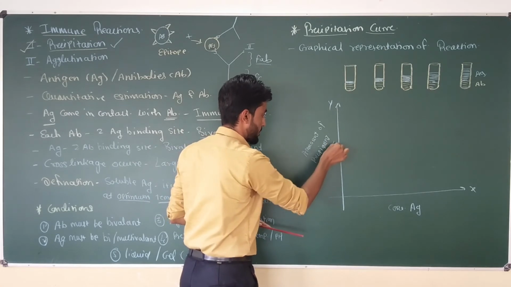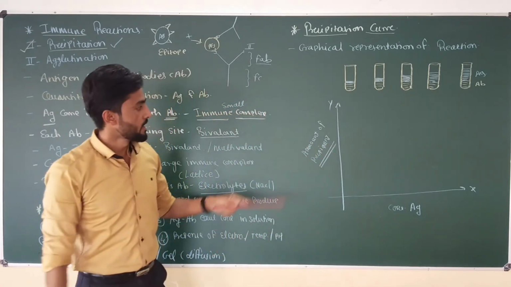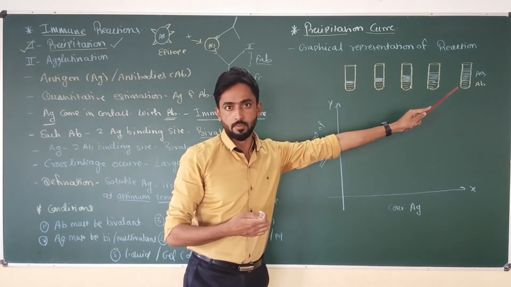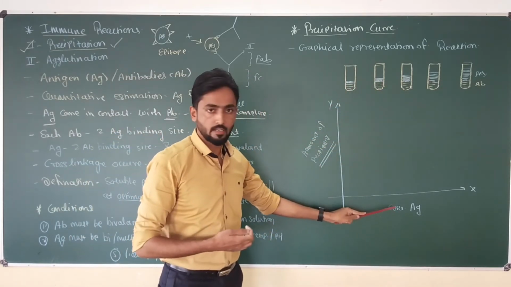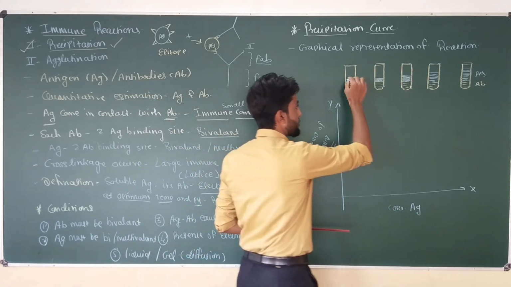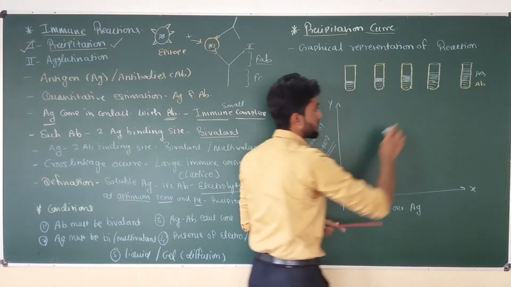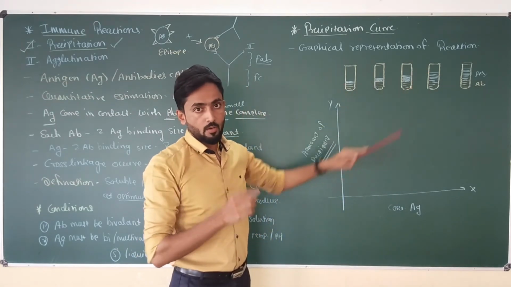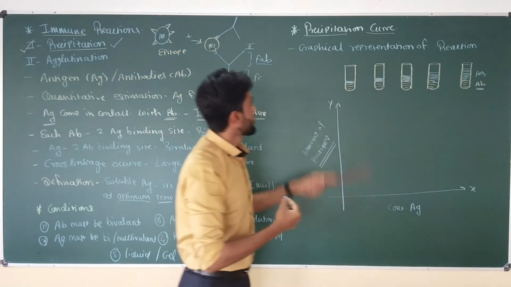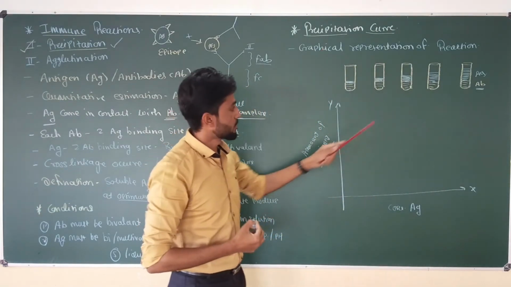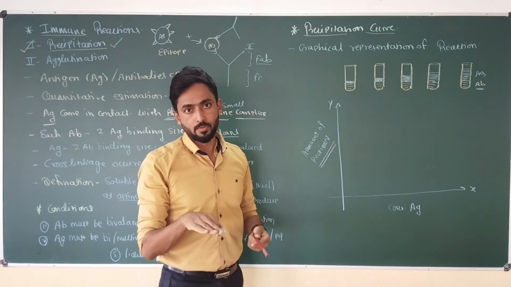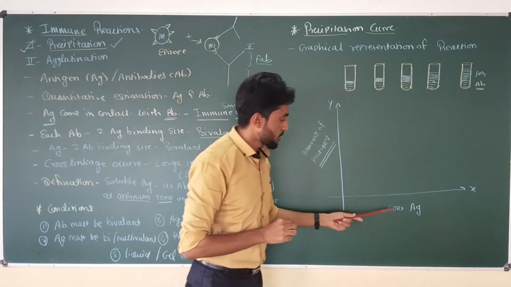So on the y-axis, we take amount of precipitant produced in each tube. And on the x-axis, I have taken concentration of antigen because I had increasing concentration of antigen in every tube. We do not consider antibody for precipitation curve because the concentration of antibody is constant in all tubes. Okay, so we just have to take concentration of antigen.